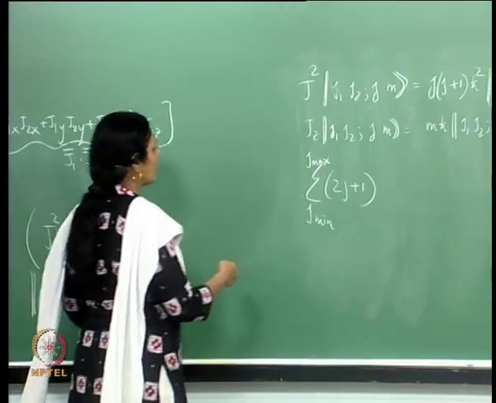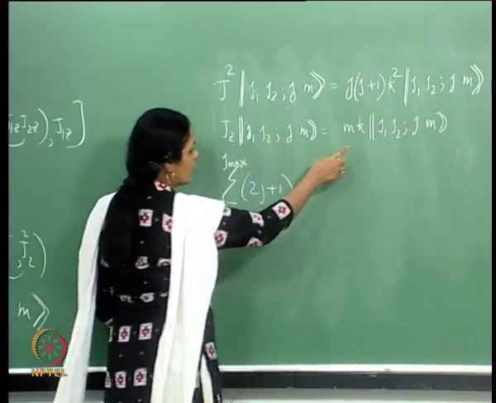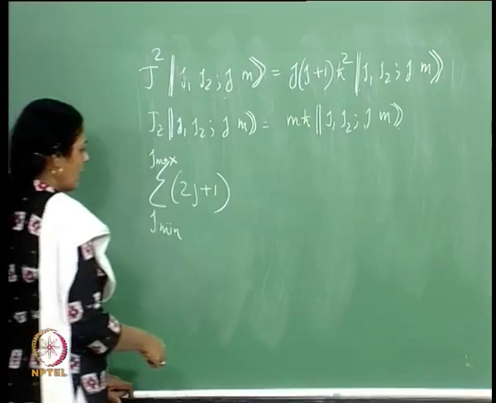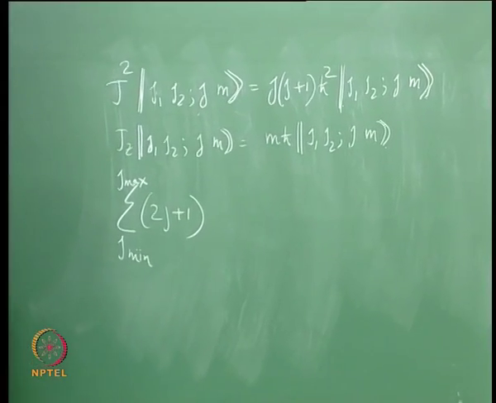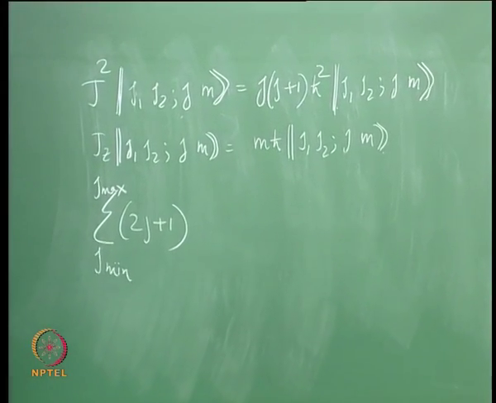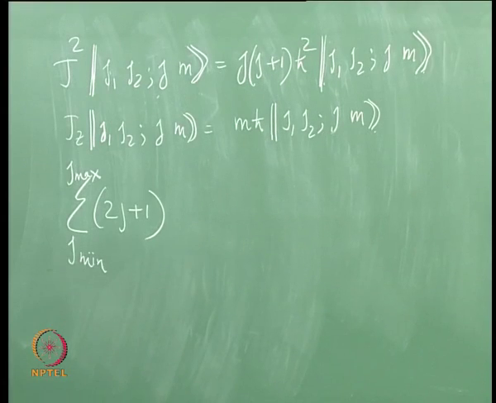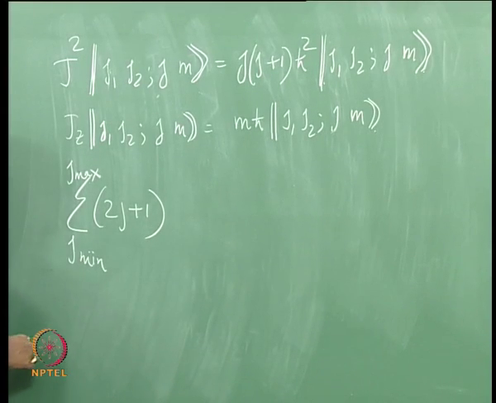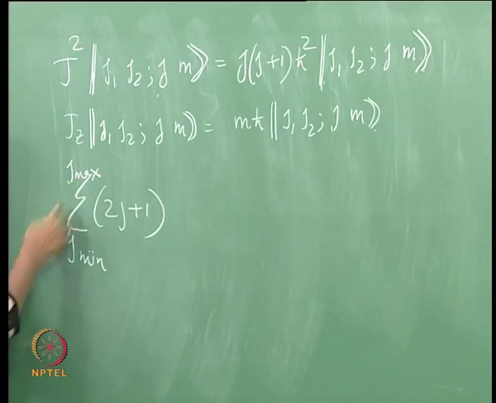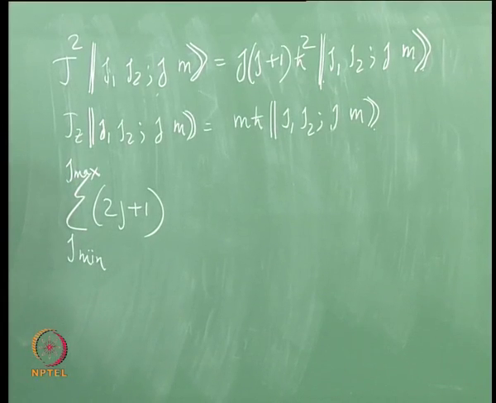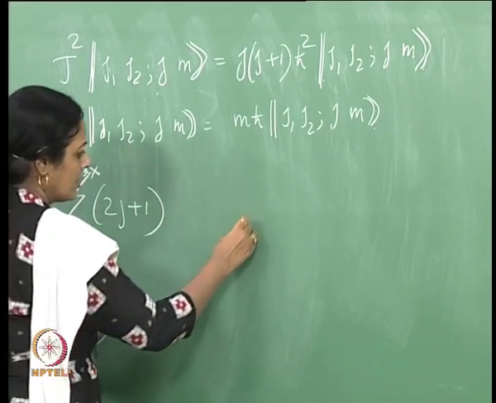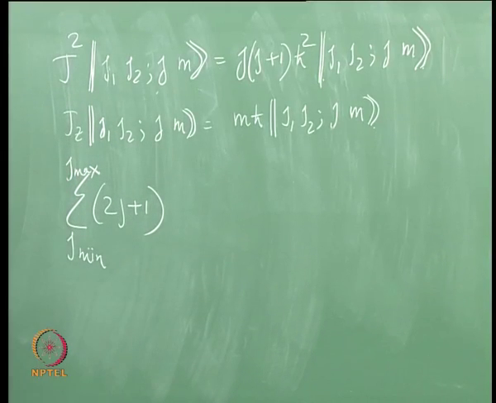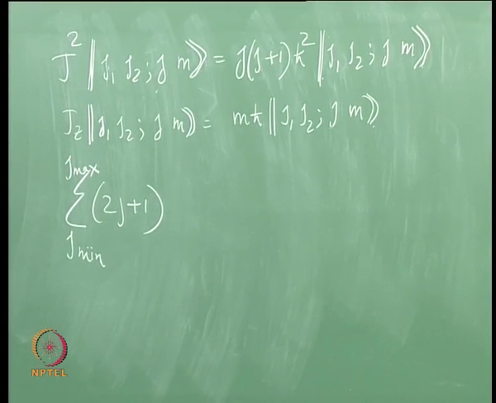So I need to find out the range of values that j can take. Corresponding to each value of j, m takes 2j plus 1 values in steps of 1. J max itself can be found in the following manner. I define something called a stretched case.